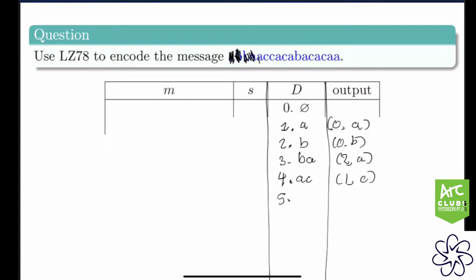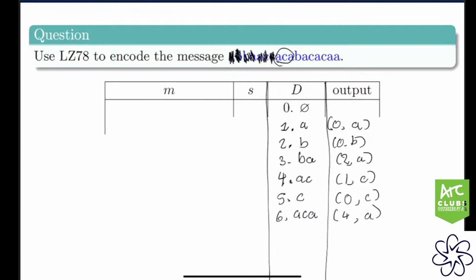5 is just going to be C. Well, we don't have C in our dictionary yet, so we have to go 0C, add C to our dictionary, cross off that. 6 is going to be, well, we have AC in our dictionary already, so we can just say the new element in our dictionary is going to be ACA, which was 4.